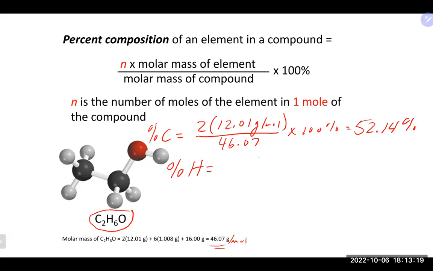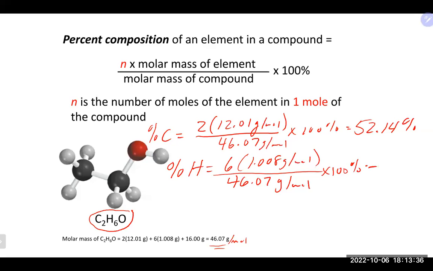The percentage of hydrogen in this formula, since there's 6 of them, would be 6 times 1.008 grams per mole from the periodic table, divided by the molar mass of the entire compound, which is 46.07 grams per mole. Once again, times it by 100%, and that would get you 6 times 1.008 divided by 46.07 times 100, about 13%, we'll call it. So by mass, this compound is made up of about 13% hydrogen, 52% carbon.